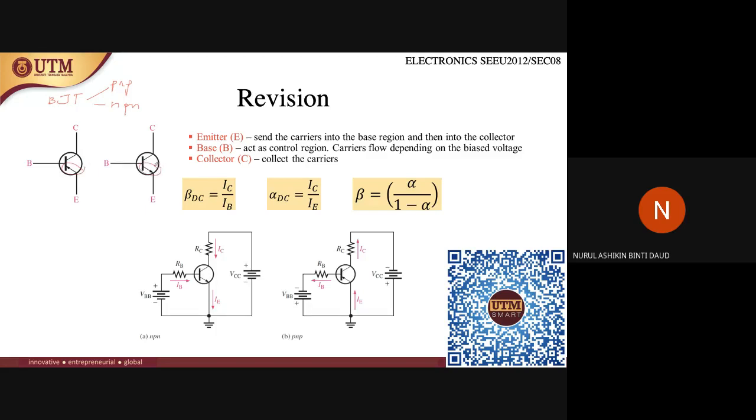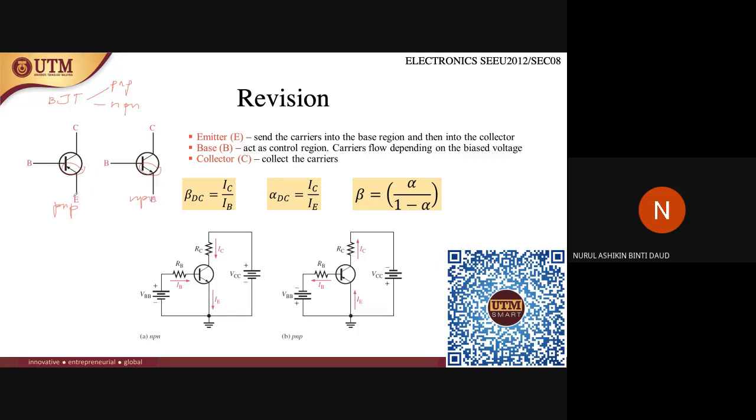If the current goes into the base and collector, it is a PNP type, since the current from the emitter is entering the base and also the collector. But if the current from the base and collector enters the emitter, it is the NPN type.